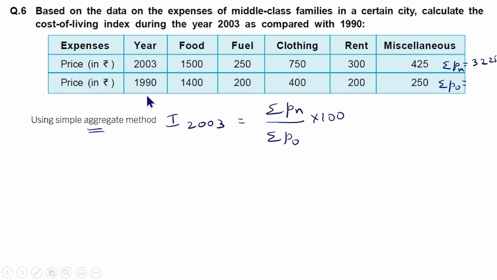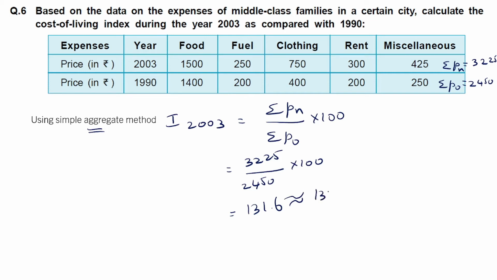So here the sum of the prices in 1990 is 1400 plus 200 plus 400 plus 200 plus 250. It is equal to 2450. So this is equal to 3225 upon 2450 into 100. When we simplify, we get 131.6 or it is approximately equal to 132.